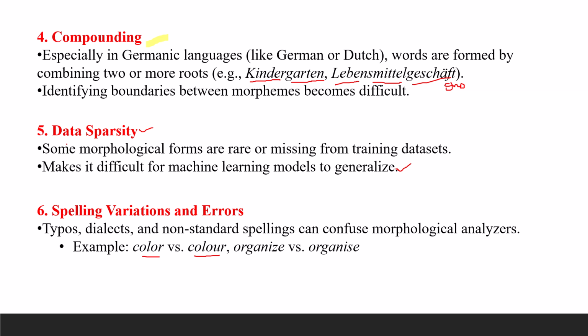Here also, organize and organise are both the same. But the language input is inconsistent, because sometimes British spelling may be used or it may be American. So as per that, there is some input inconsistency here. That is spelling variation and errors.